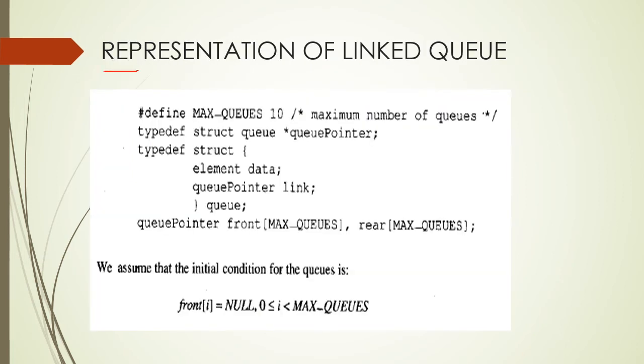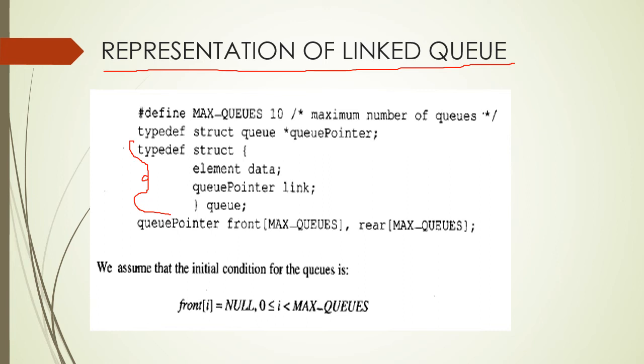This is the C representation of a linked queue. Here I have shown only one structure definition of a node. The other structure definition of stack is applicable for this also. In your exam, if they ask you to write the representation of a linked queue, you have to write two structures.